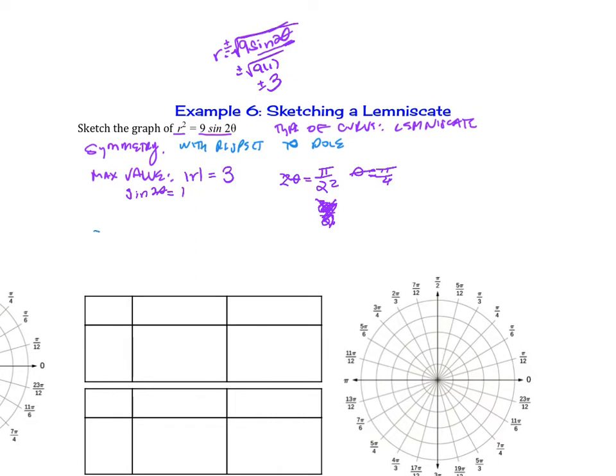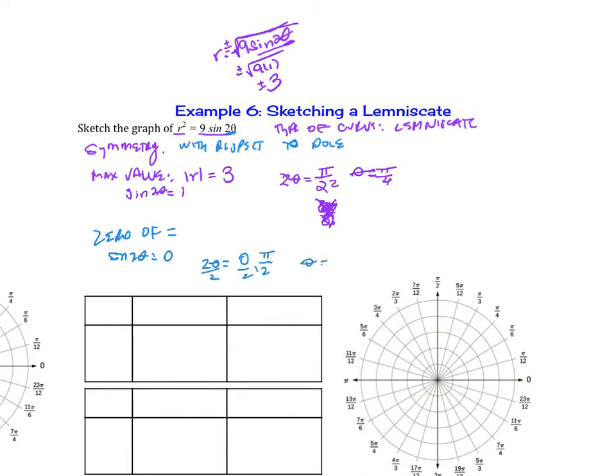Now let's find the zeros of r. That's when sine of 2 theta equals 0. So when does sine of 2 theta equal 0? Sine equals 0 when the angle is at 0 and at pi. Then we divide by 2 here.